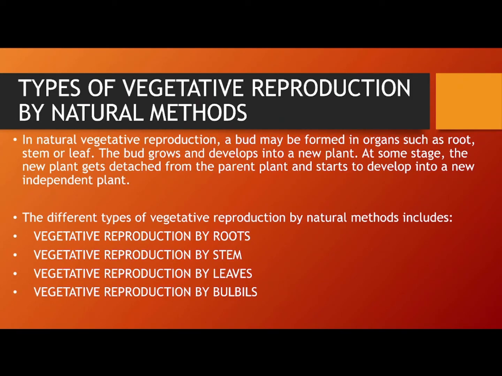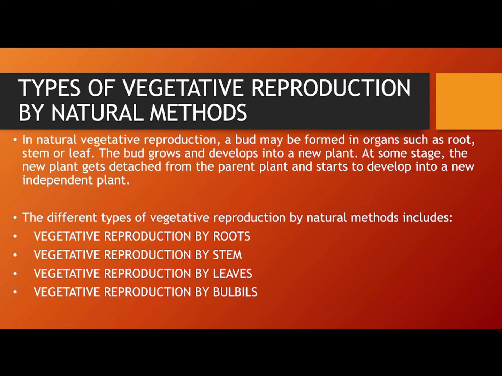Now let us see the different methods of vegetative reproduction. As I've told you in the previous slide, the root, stem or leaf could act as vegetative propagules, so the different types of vegetative reproduction are classified based on these propagules.